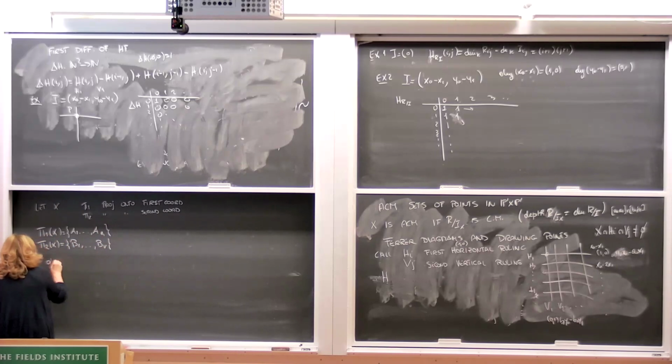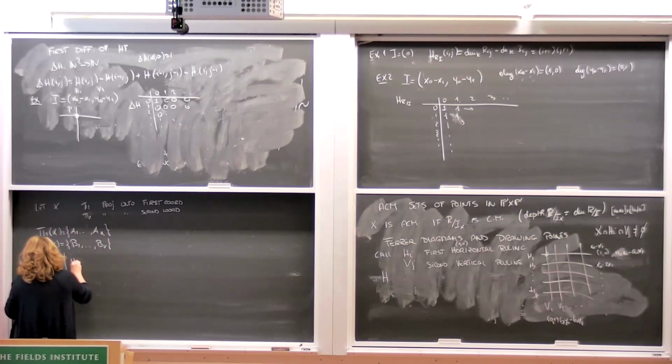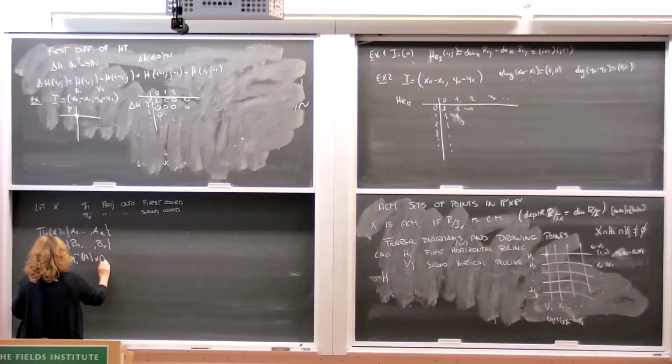Then we define alpha i as the number of points with respect to the first coordinates, counting how many points have the same first coordinate. I will show you with an example.